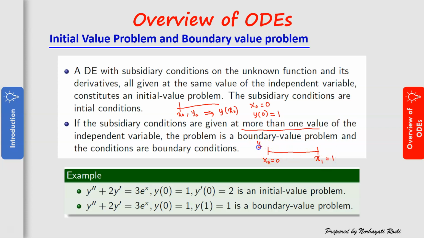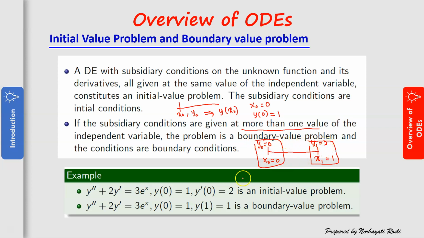So I know y naught equal to 0, y1, for example, equal to 2. It means that in this case, you have two values of the independent variable x: x naught 0, y naught 0, x1 1, y1 2.